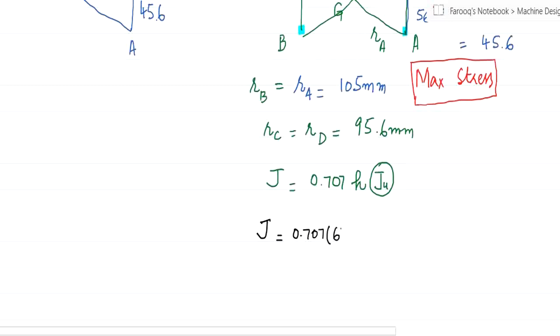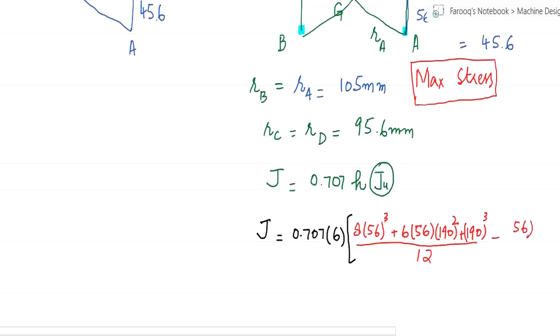So now we know the formula of JU, we can easily compute the value of J. 0.707 H, leg size 6, into the value of JU, which is 8 into 56 cube plus 6 into 56 into 190 square plus 190 cube, whole divided by 12 minus 56 raised to the power 4 divided by 2 into 56 plus 190.